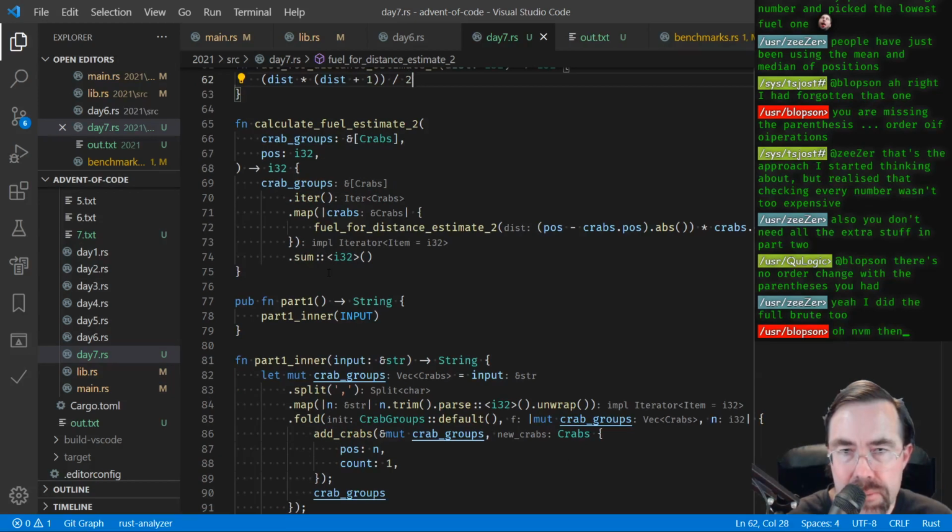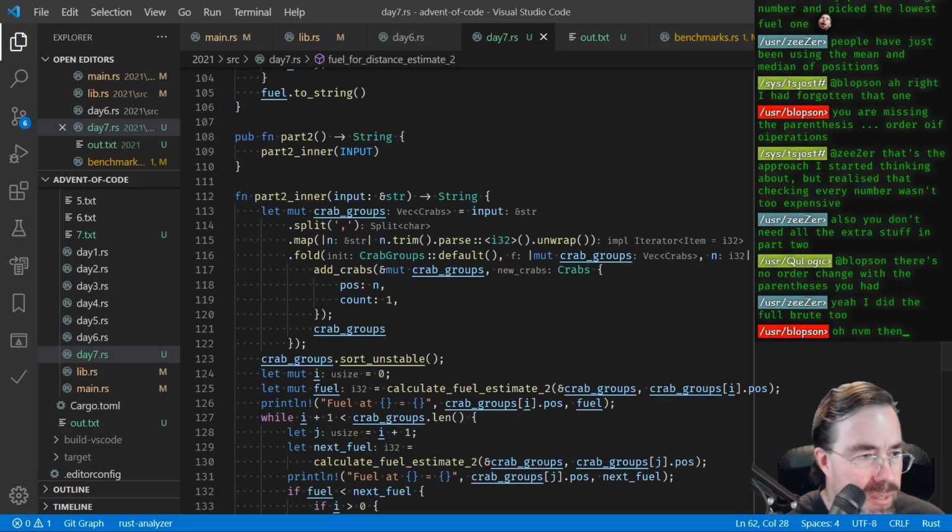But yeah, okay, so any other insights that I missed? That's the approach you started thinking of, but realized that checking every number wasn't too expensive. That's what I ended up on. Oh, you mean like for part 1? I knew for part 1 we could skip the gaps between, but for part 2 we couldn't because they gave me an example where we couldn't, which made sense.